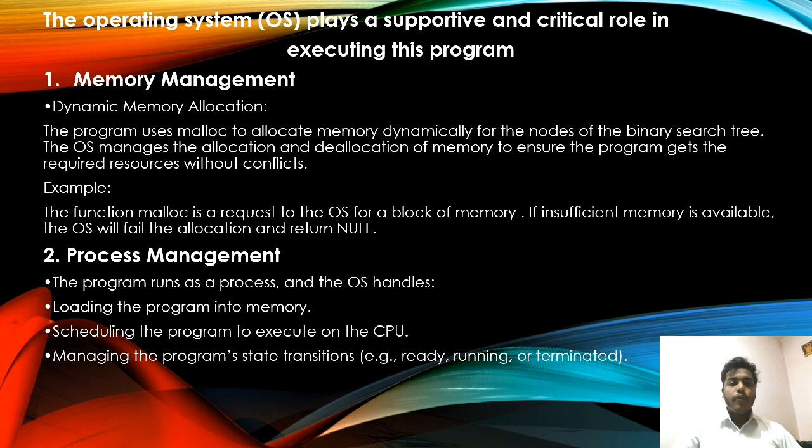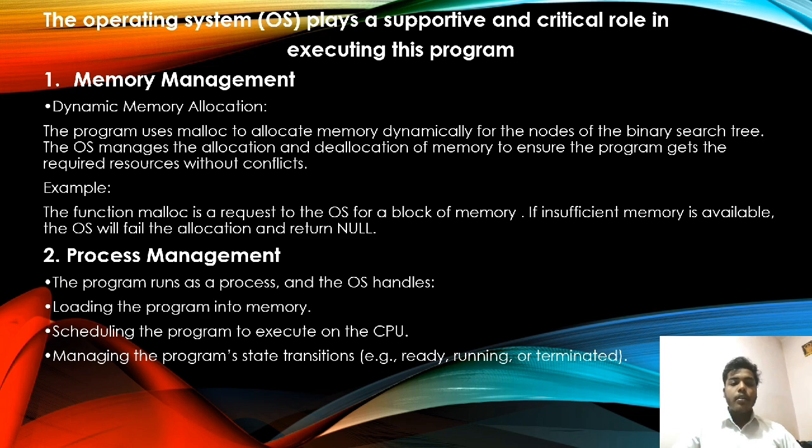Hello friends, myself Vishnu J. Currently I am going to explain the topic: the operating system, OS, plays a supportive and critical role in executing this program. Memory management, dynamic memory allocation. The program uses malloc to allocate memory dynamically for the new nodes of the binary search tree.